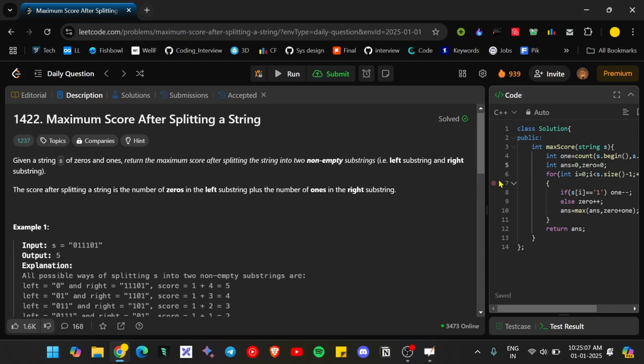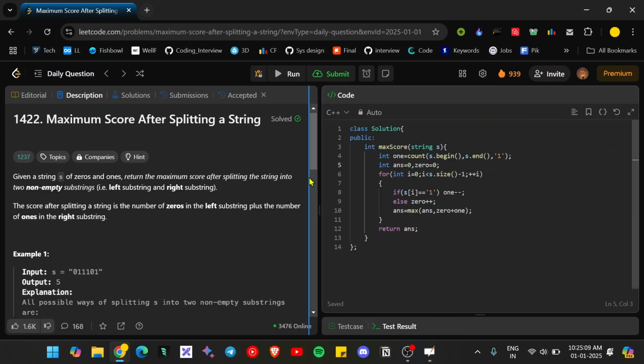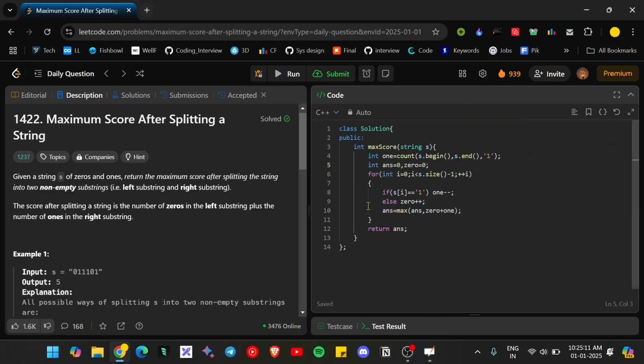Now the code of this solution. First, we count the ones for all the elements, storing the total count of 1 in the string. Next, we track the maximum score.